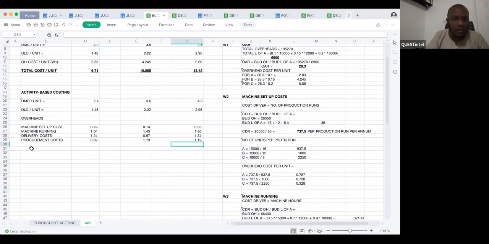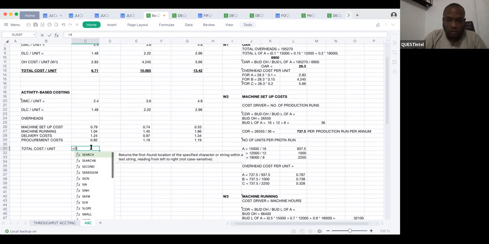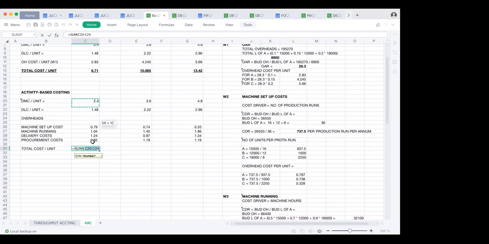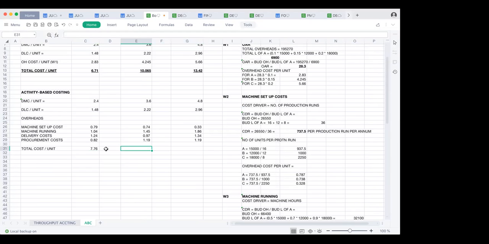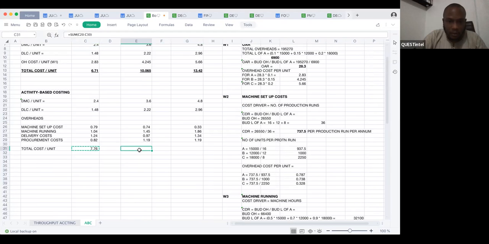So then we can now do our total cost. Just like so for ABC now, our total cost per unit will be equal to, so we can sum all of them. I can copy and paste it. So that's our total cost per unit.